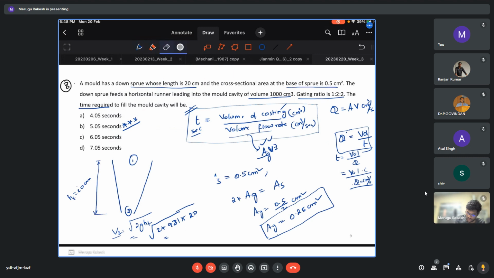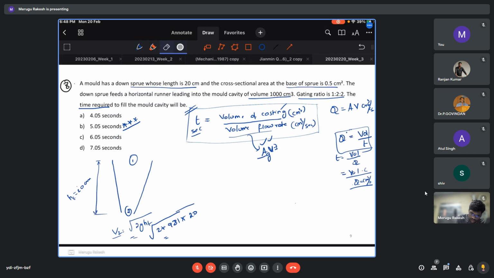Let me try it neatly. So this Q is equal to 0.25 into square root of 2 into 981 multiplied by 20.